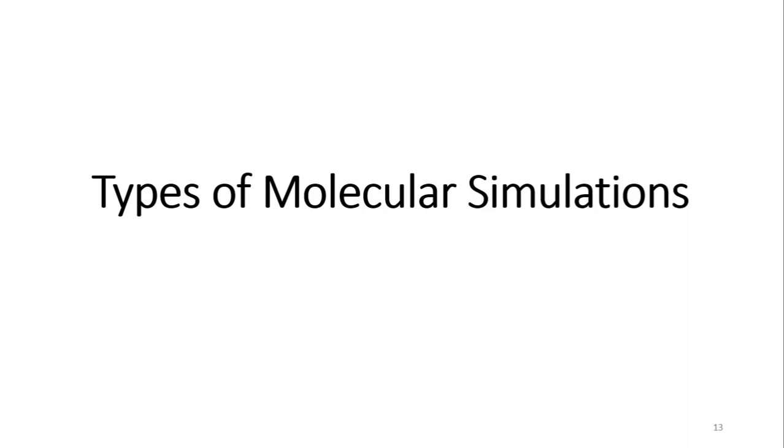So molecular simulations can either be deterministic or they can be probabilistic. By probabilistic, I mean that the propagation is based on some probability principles. We are going to deal with these two concepts in more detail in the upcoming few slides.